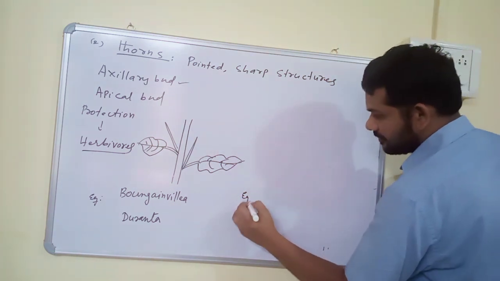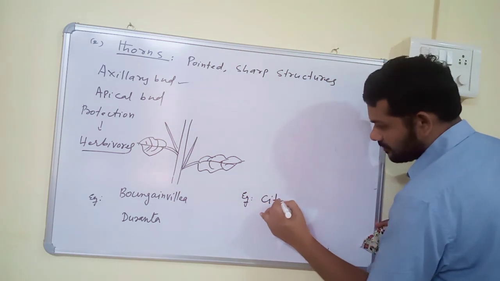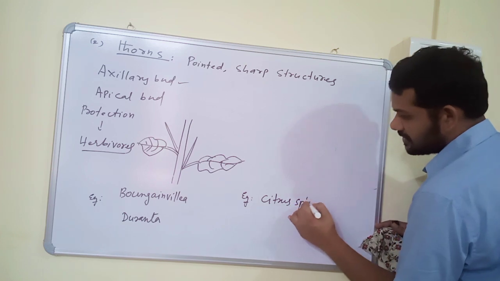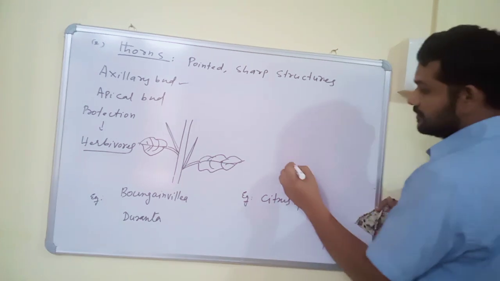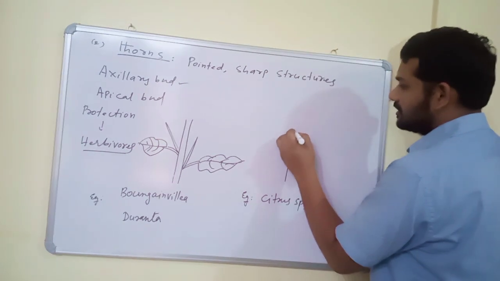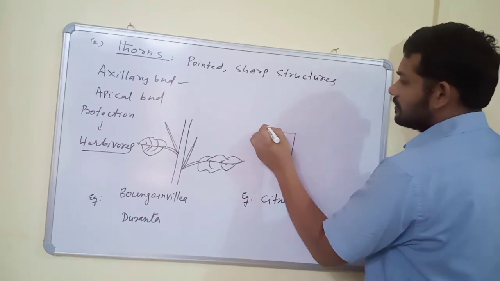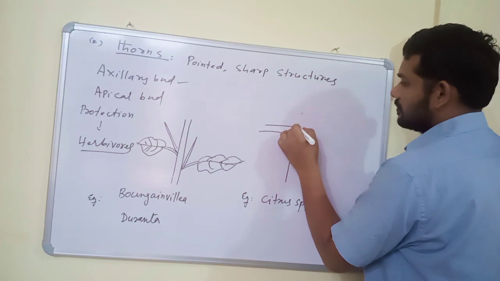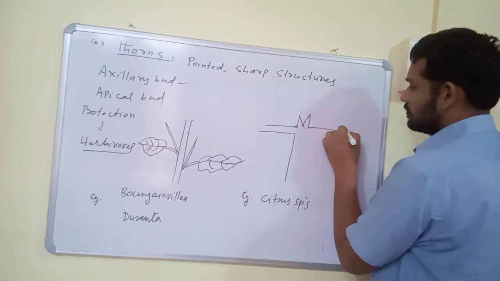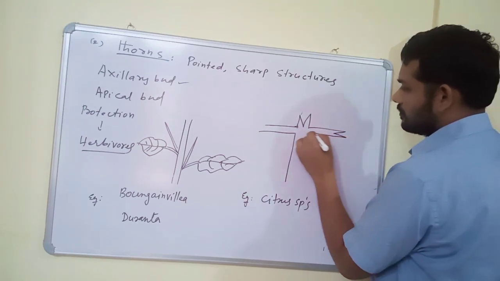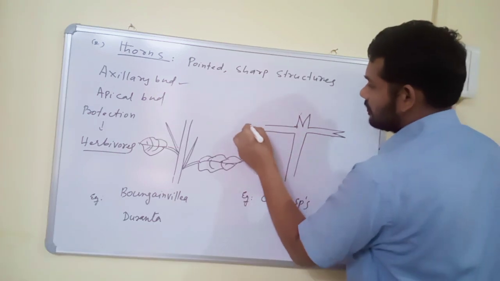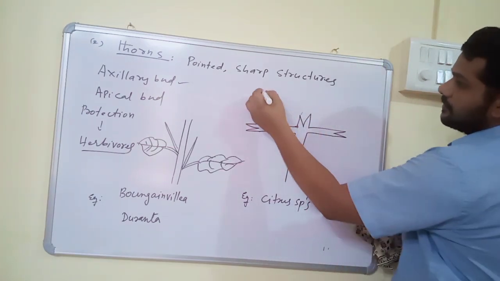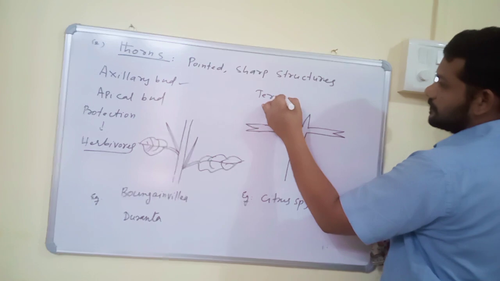Whereas in case of citrus species, the terminal bud modified into thorns.